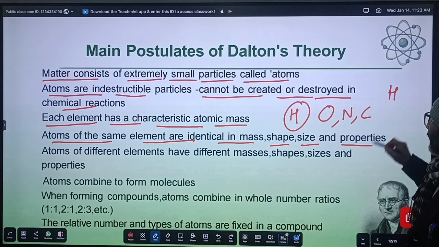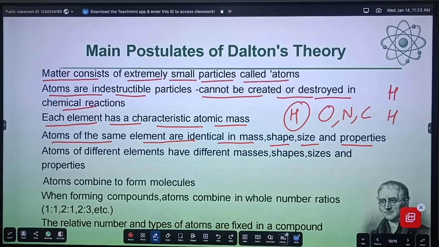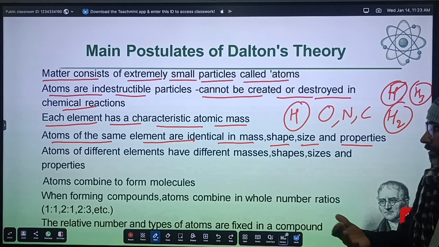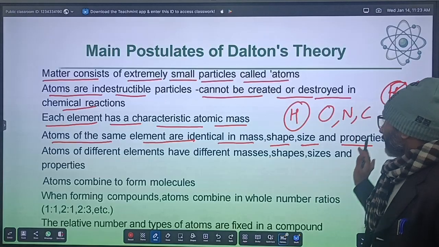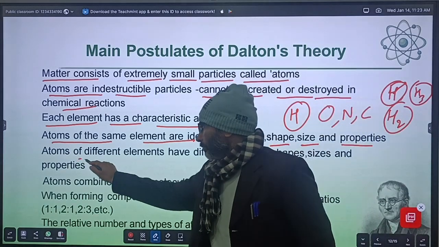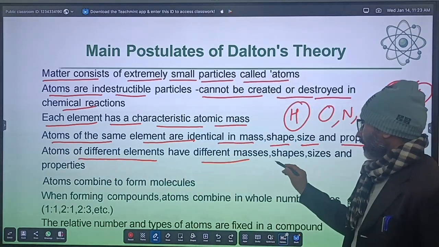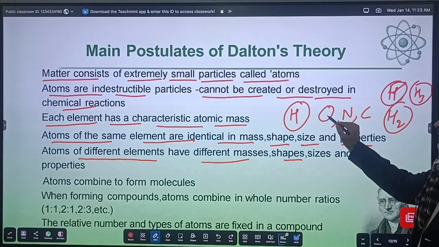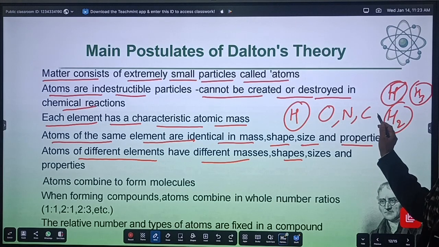One atom of hydrogen will be similar to another atom of hydrogen: H1, H2, H3 will be similar in size and mass, with the same atomic radius, shape, and mass. But atoms of different elements have different properties. For example, the mass and size of hydrogen, oxygen, nitrogen, and carbon are different.